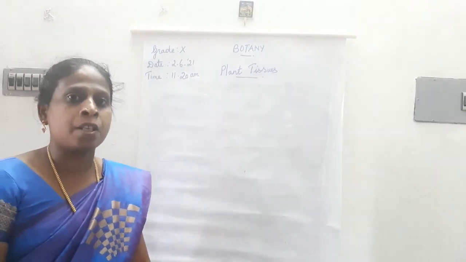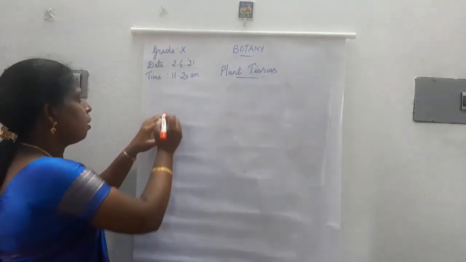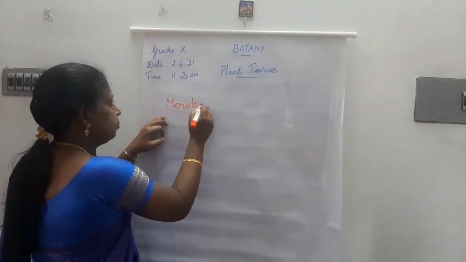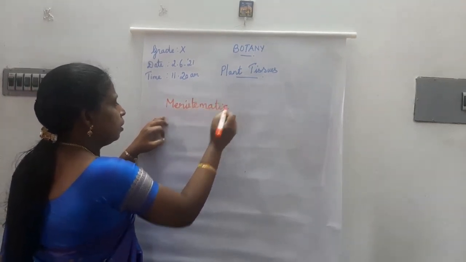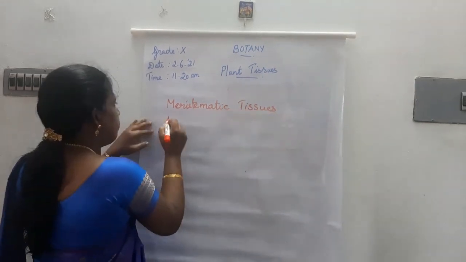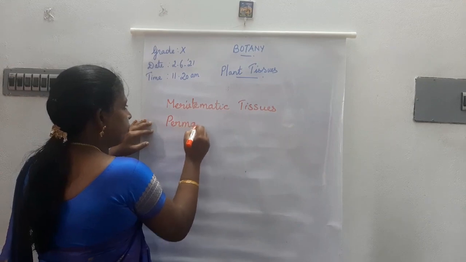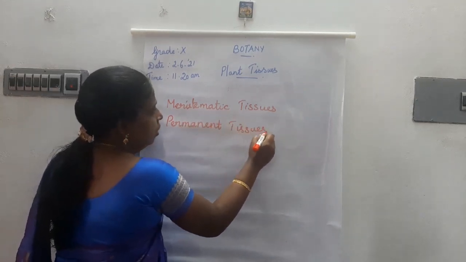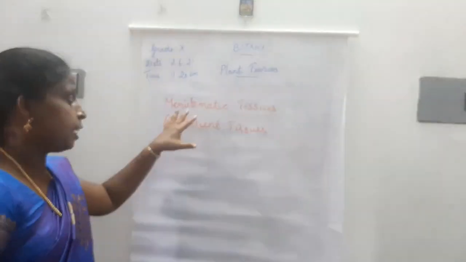The two types of plant tissues are called meristematic tissues and permanent tissues. You already learned this briefly in 9th standard.